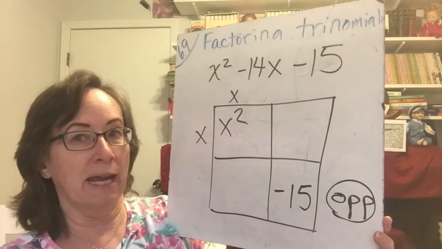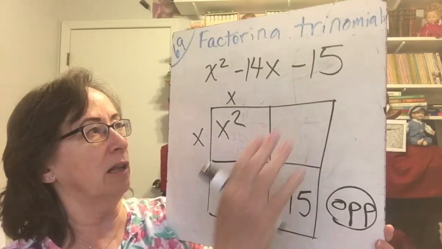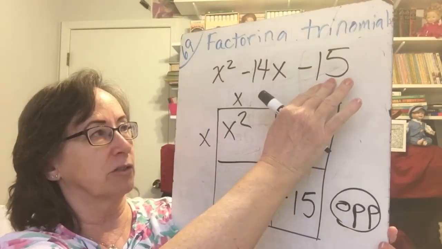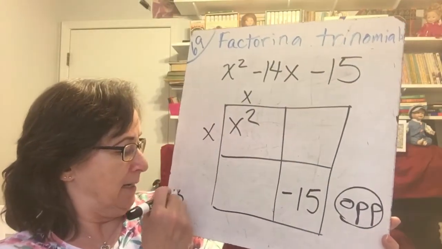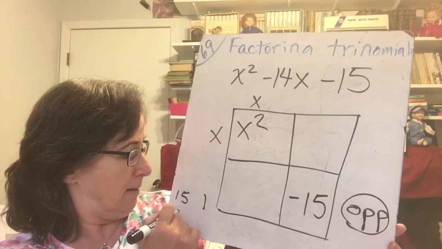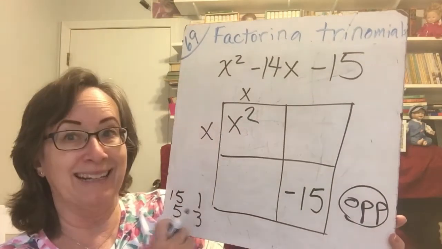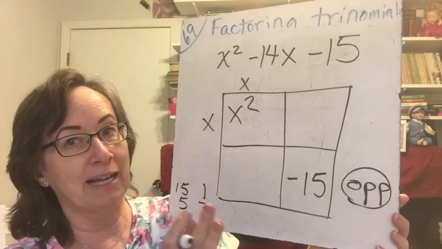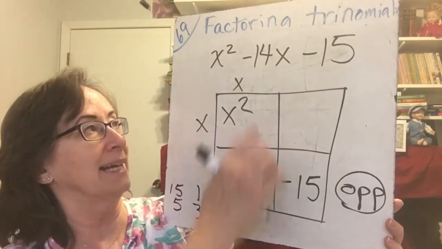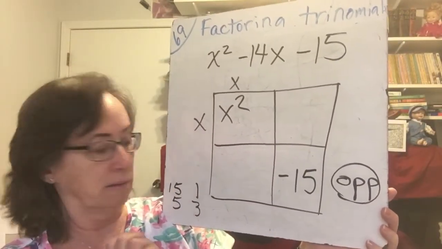Okay, so now I'm going to look at all of the factors of 15. So I have 15 and 1 and 5 and 3. Not a lot of factors of 15, okay? Now, I know that I'm trying to get a difference of 14.